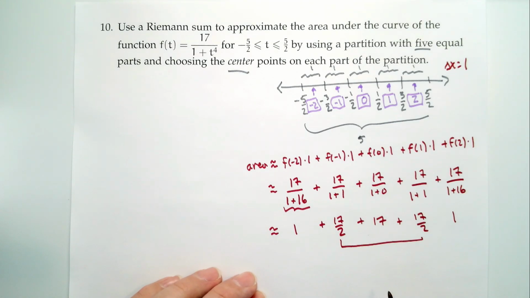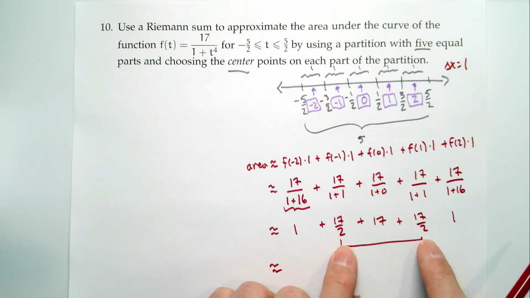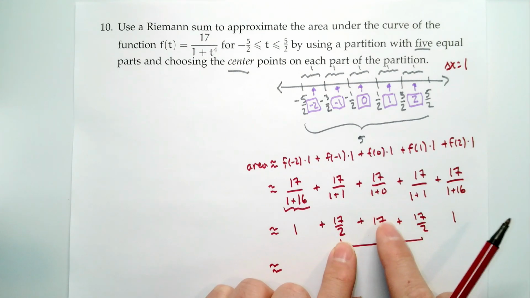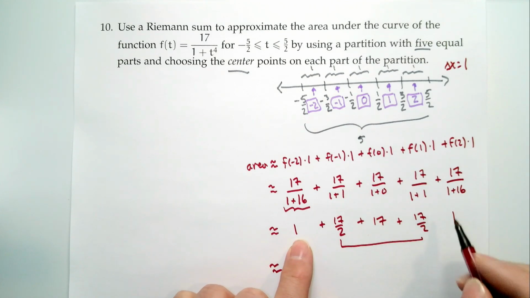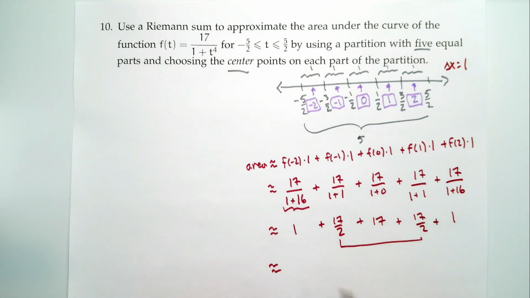If you combine those together, that gets you a 17, right? So 17 halves plus 17 halves is 17, plus another 17 gets us to 34, 35, 36. Whoops, I forgot my plus sign. 36. So we get that the total is 36.